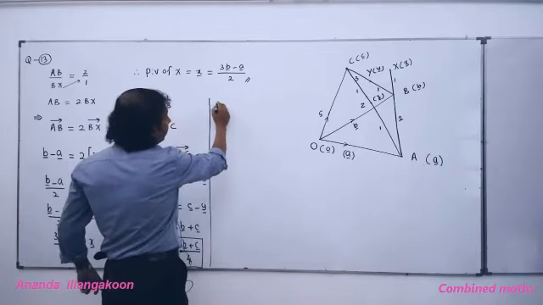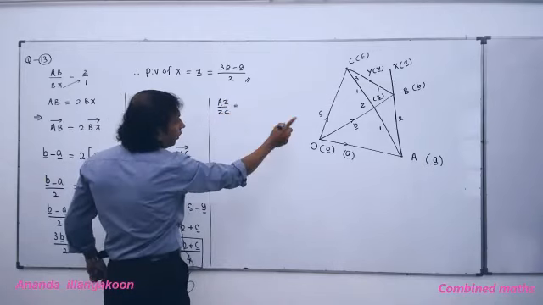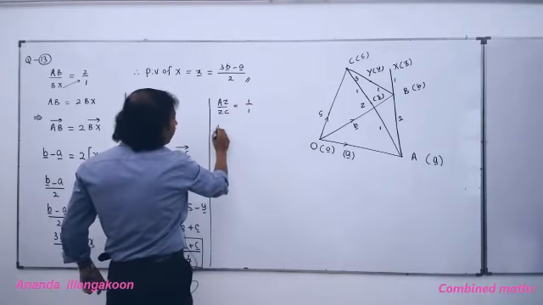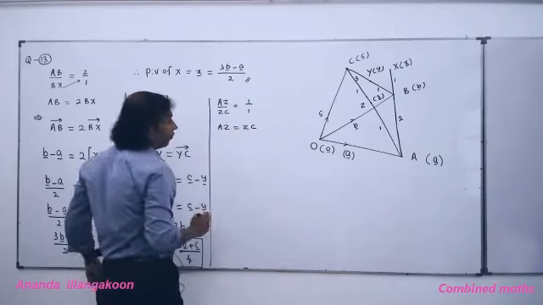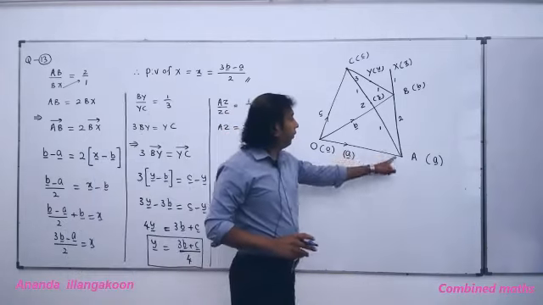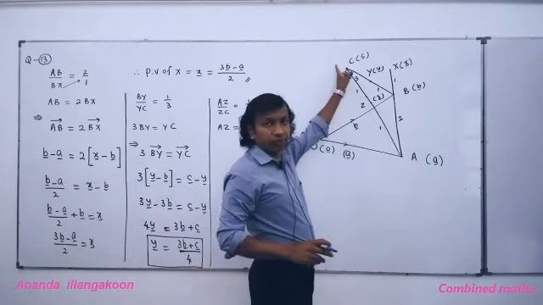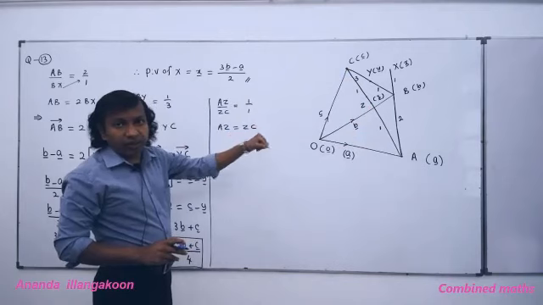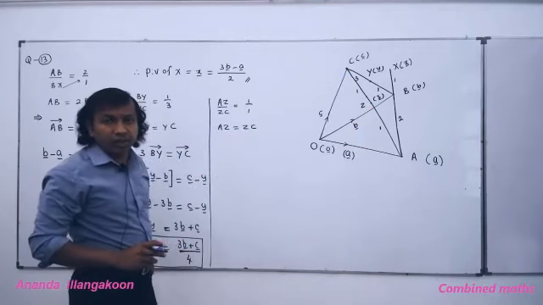So then we can write, people, AZ to ZC, AZ:ZC is 1:1. Using cross multiplication, we get this way, AZ is equal to ZC. AZ is ZC, same line, same direction. So then you can write here what, people?